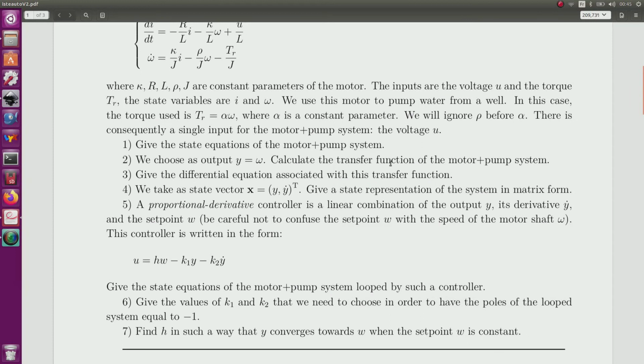Question number 2, I have to calculate the transfer function of the motor pump system, assuming that the output corresponds to the rotational speed of the motor, omega.